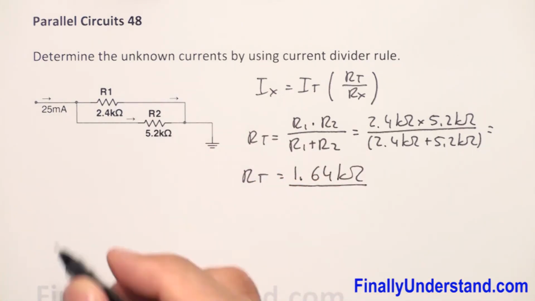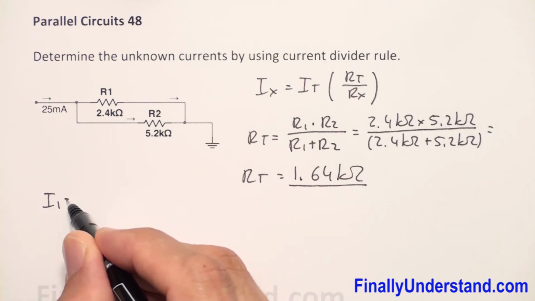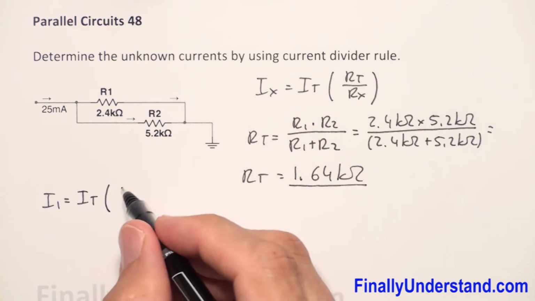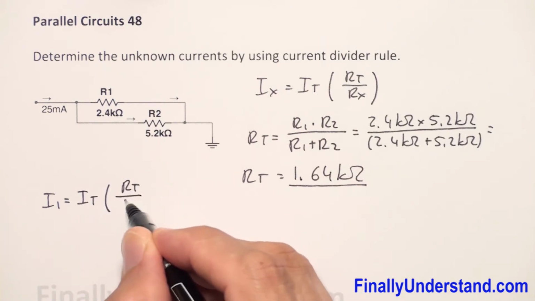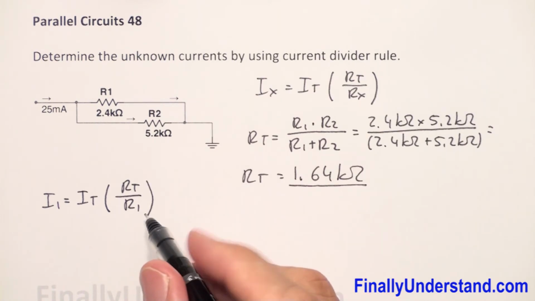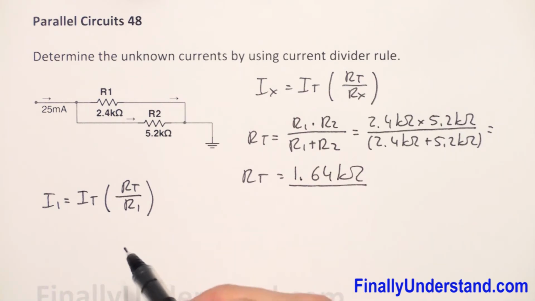Next, I'm supposed to find the current I1. I1 is equal I total times R total over R1. Okay, so this is my formula. Always write the formulas. If you keep writing the formulas, you are going to remember them. If you are not going to write the formulas, you will have difficulties all the time.